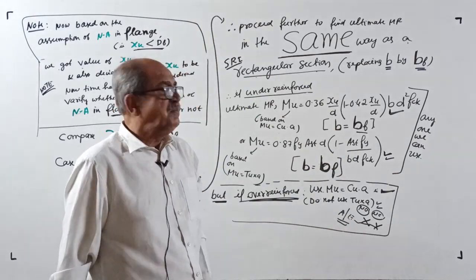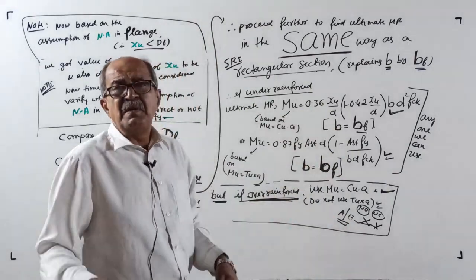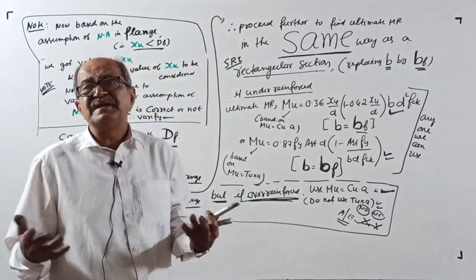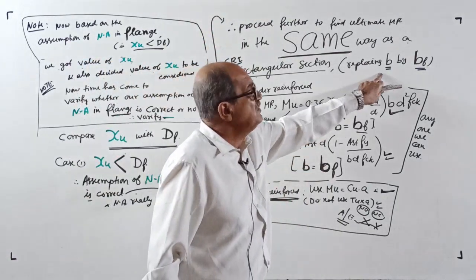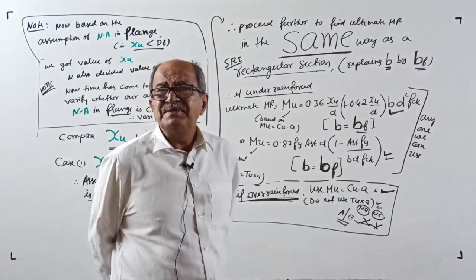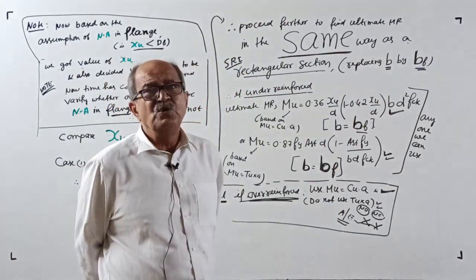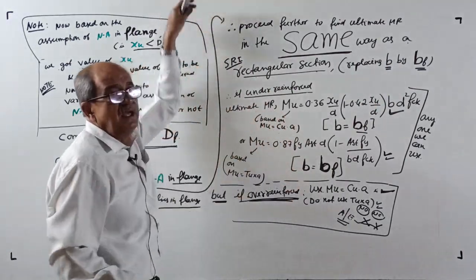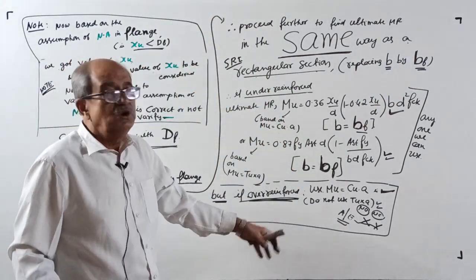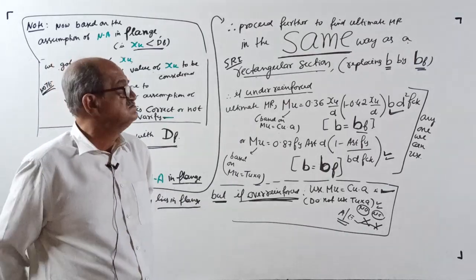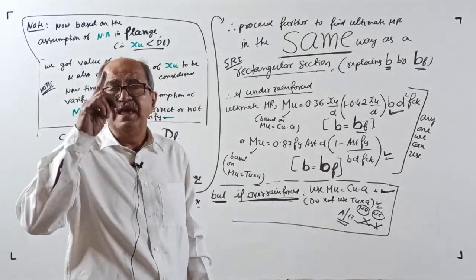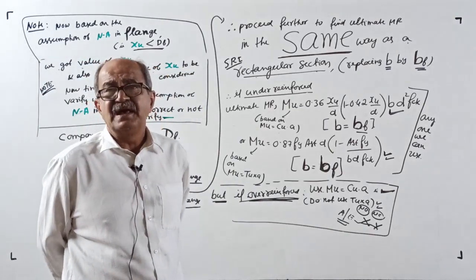If it is under reinforced, first of all, neutral axis in the flange means the section is rectangular. Wherever B comes, BF. Same as rectangle. Under reinforced means any equation, either CU into A or TU into A. But over reinforced means do not use the tension equation. I told you earlier you can use it, but some corrections are required.